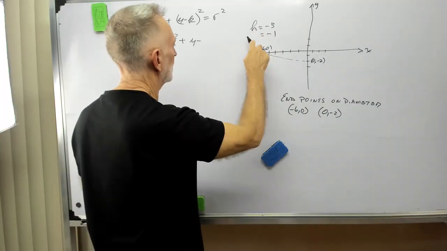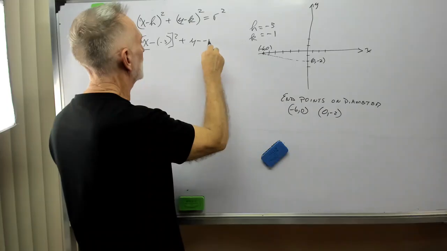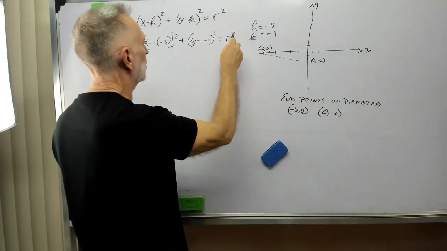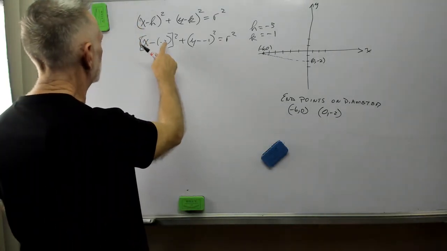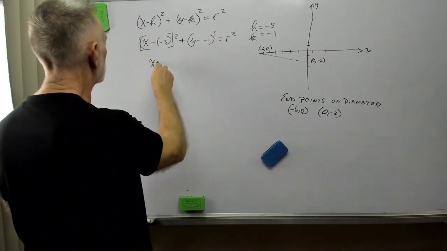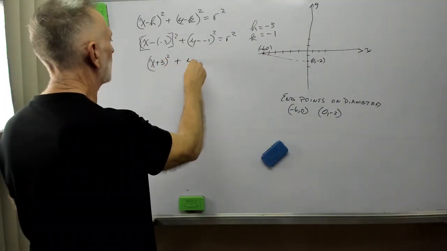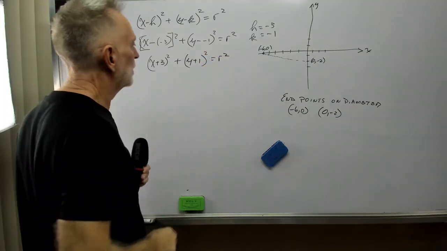That's a k, not a y. k is -1, and that's squared, and that equals r squared. Okay, so minus a minus is plus, so (x plus 3) squared plus (y plus 1) squared equals r squared.